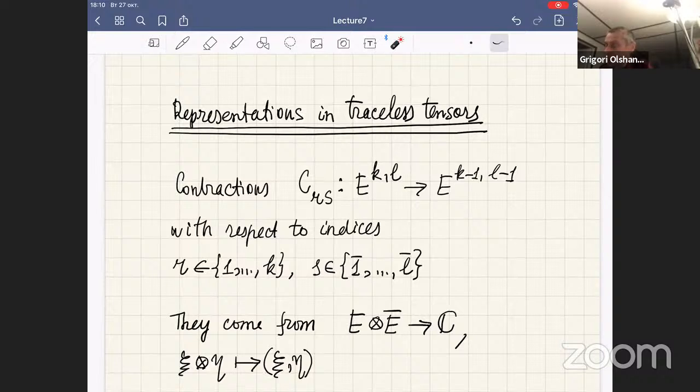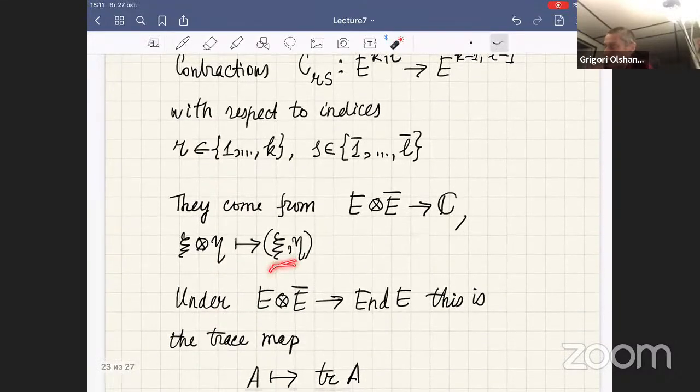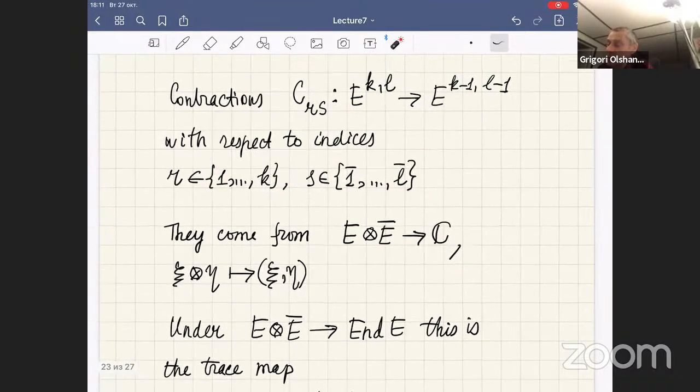I recall it just: we pick one index from this set, one index from this set, and make the contraction. We insert, instead of this pair of tensor factors, the scalars, which just means that we pass to this different tensor space, this contraction of this type. Okay? So this operation kills two tensor factors.